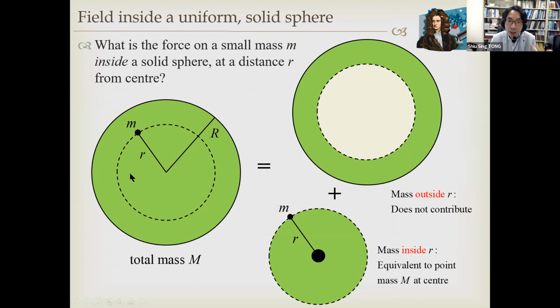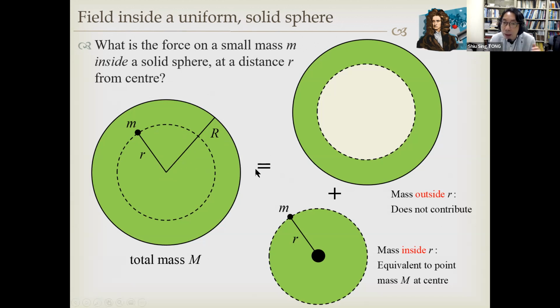So you imagine that there are a lot of masses here, uniformly distributed inside the sphere. And now I pick a small point mass at a distance small r from the center. This small r is smaller than the radius of the sphere. The radius of the sphere is big R. How do I calculate the attraction force between this small mass and the large sphere?